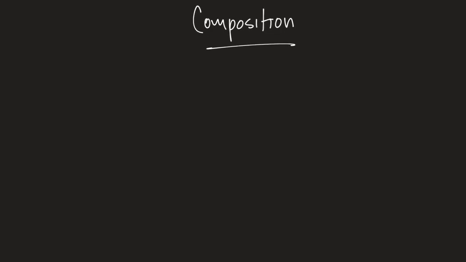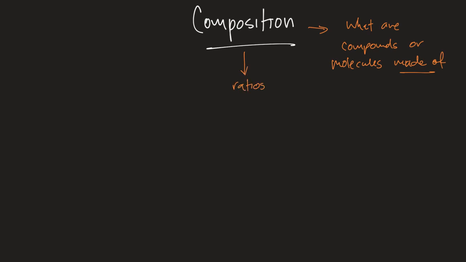The next topic we're looking at is composition. Now, when we talk about composition, we're talking about what compounds or molecules are made of. Right, and what we're looking at here is ratios.